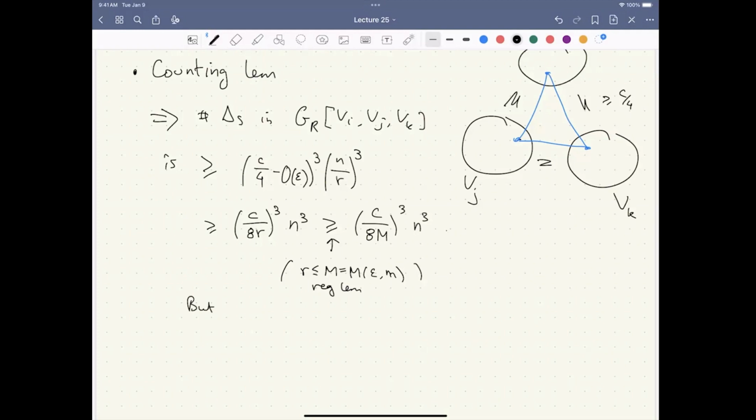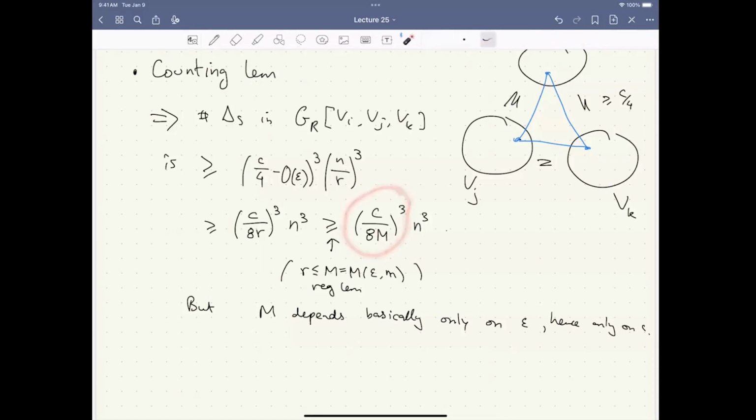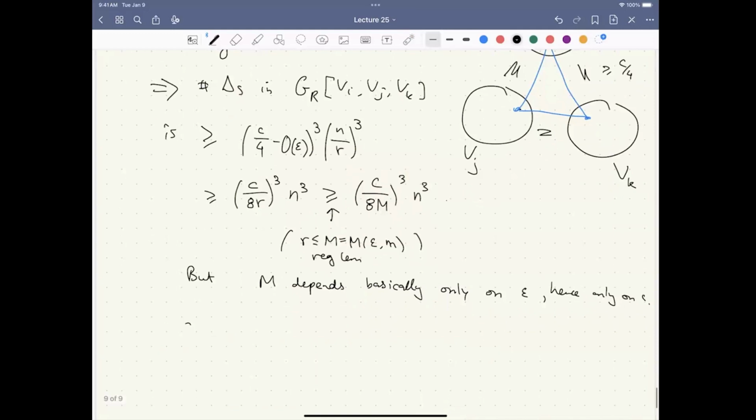But m depends basically only on epsilon, hence only on C. We just need epsilon to be much smaller than C. So this is a function of C. We can choose A as a function of C to be less than this thing.